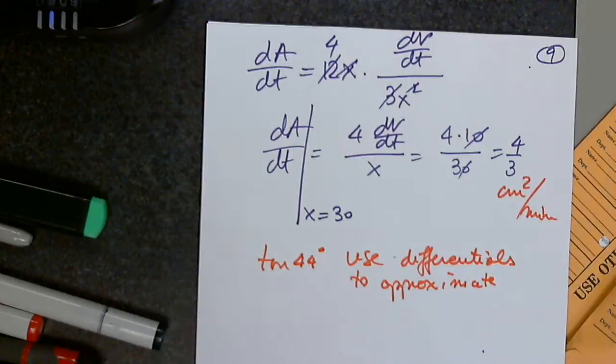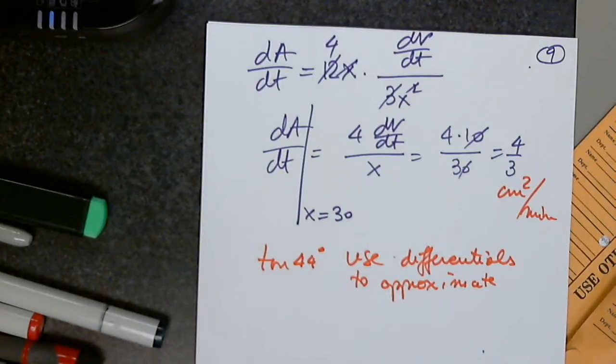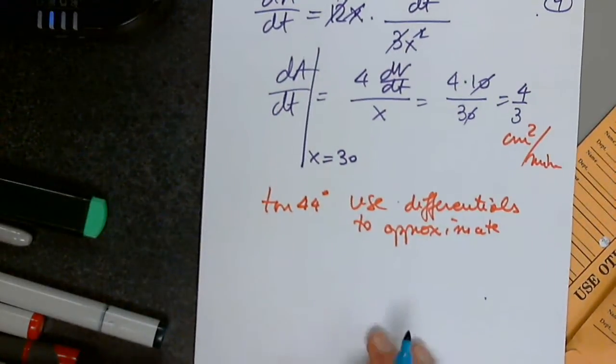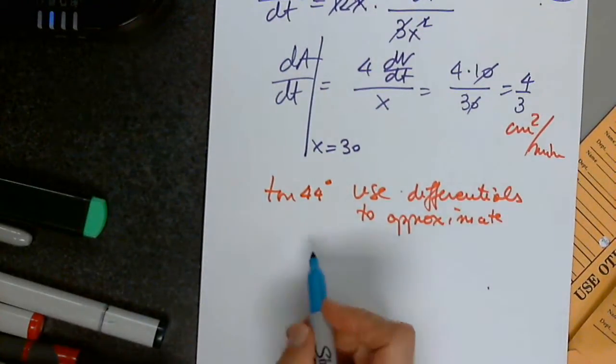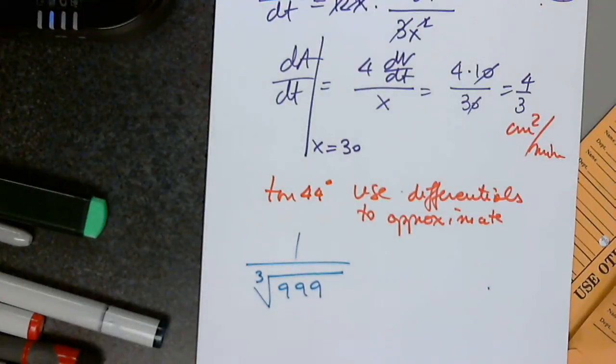Did we do tangent 44 degrees last time? Okay, perfect. We can change, since we did one trigonometric function, let's say the cube root of 999. Forget about tangent 44. We did a problem with sine. So now I want to approximate 1 over the cube root of 999.